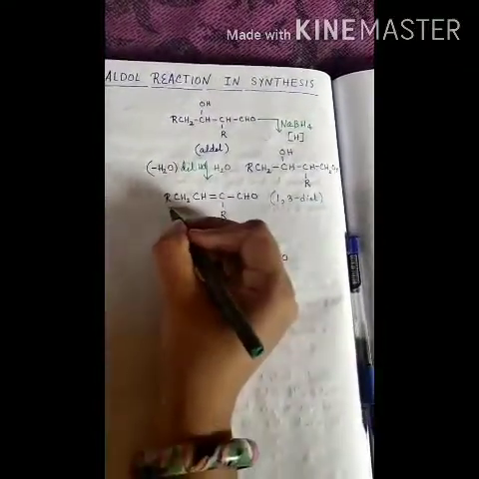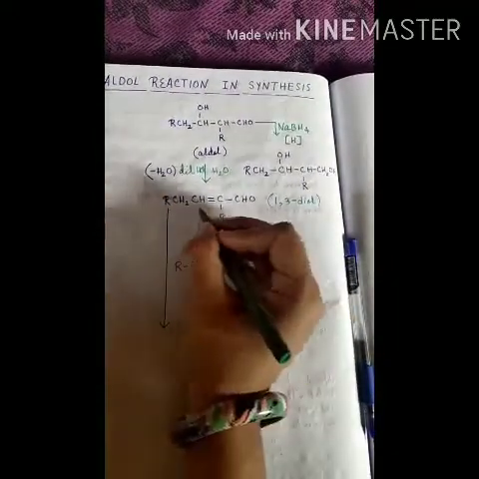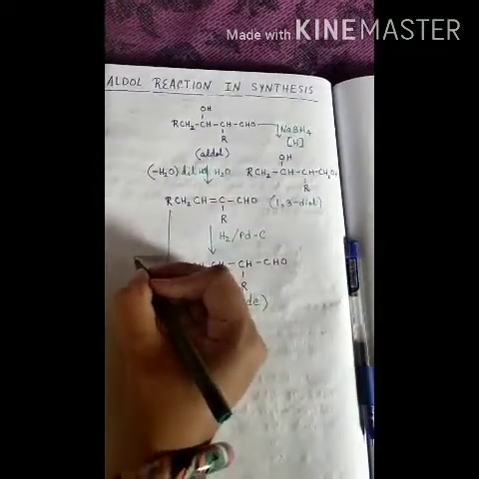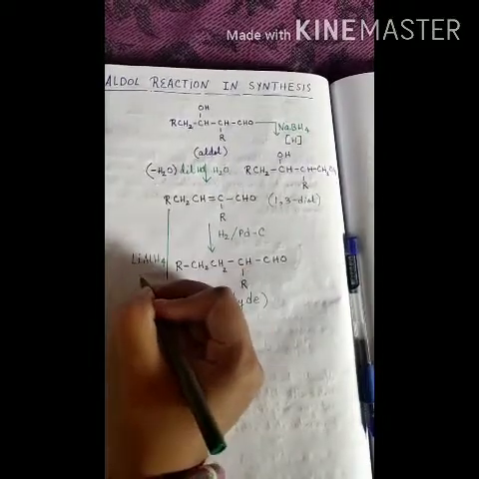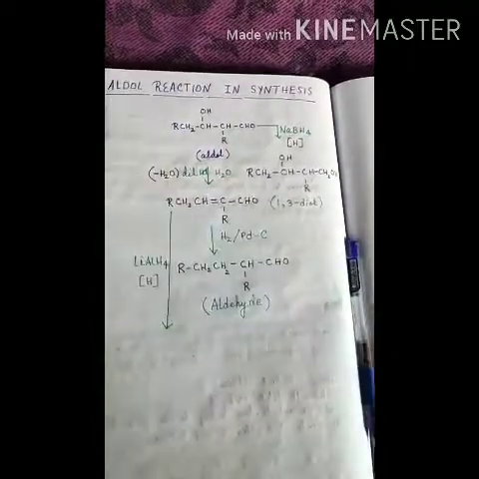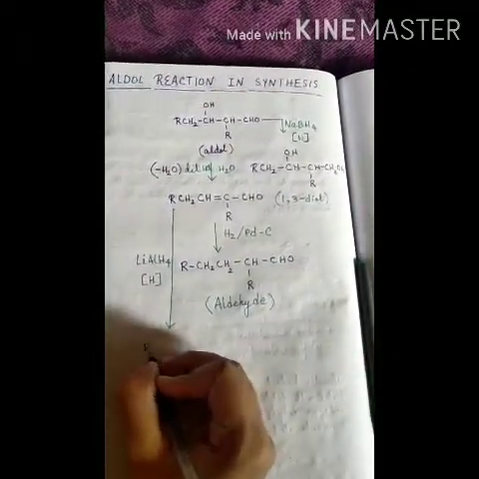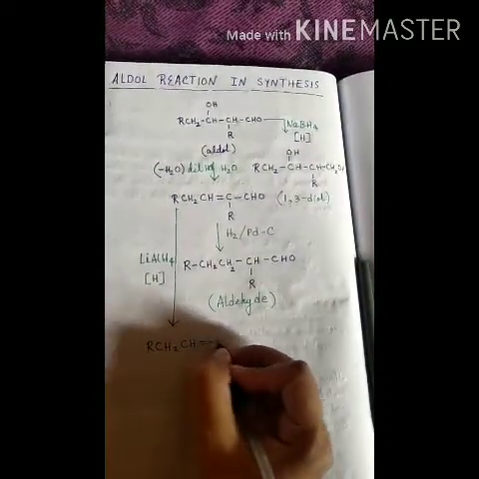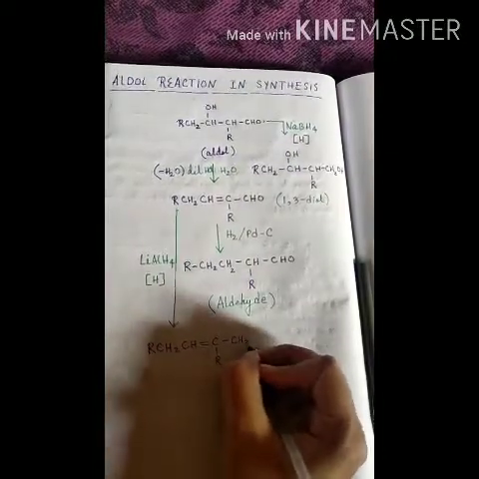Now this same compound, alpha beta unsaturated aldehyde, if we treat it with lithium aluminium hydride, another reducing agent, but here the reduction will take place only at the aldehyde group, and what will be the compound that we will get? RCH2 CH double bond CR CH2OH.